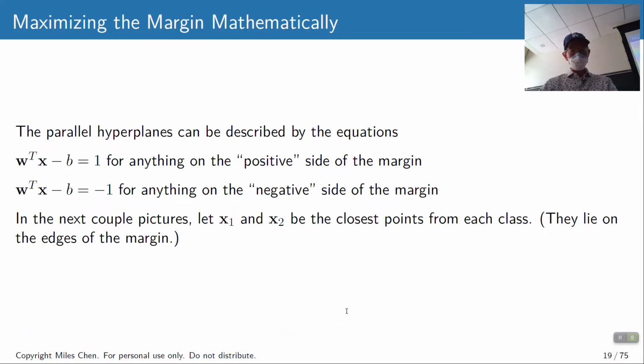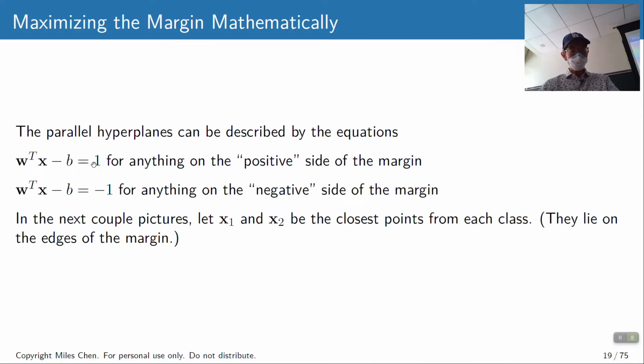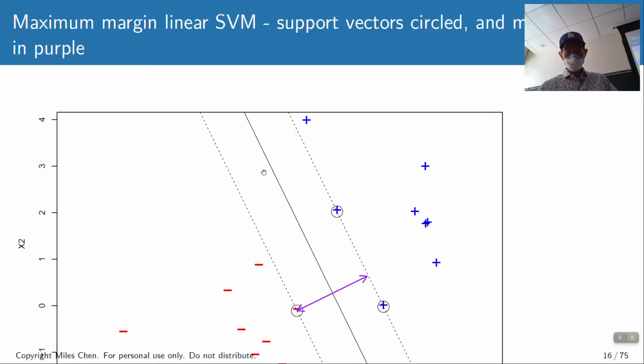All right, and then the parallel hyperplanes, that is this dotted line over here and this dotted line over here, can be described as w transpose x minus b is equal to 1 for the dotted line on this side, and w transpose x minus b is equal to -1 for this line over here.